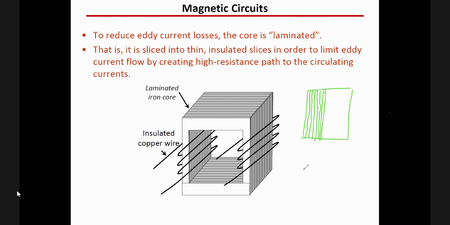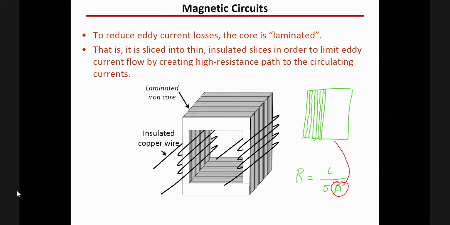Because remember, resistance is equal to resistivity times length over area. So basically, if you make the core from sheets, from the resistive point of view you are playing with this area. You are making the area very, very small, and the resistance now will be very high.